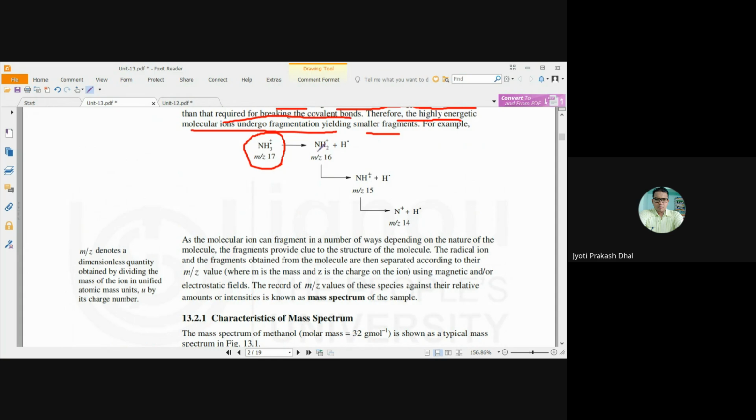It may first undergo fragmentation to form NH2 plus and one hydrogen free radical, and similarly again this will undergo fragmentation to form NH plus with a hydrogen radical, and after that again fragmentation to form N plus and an H free radical.